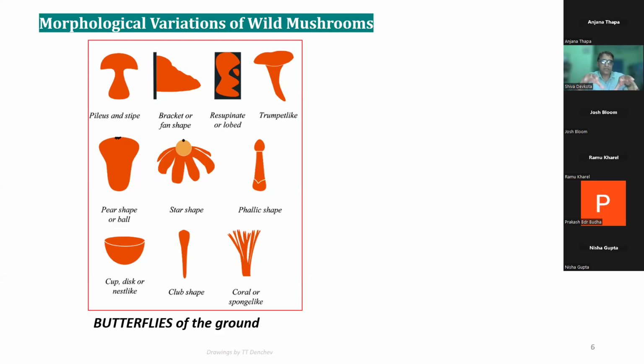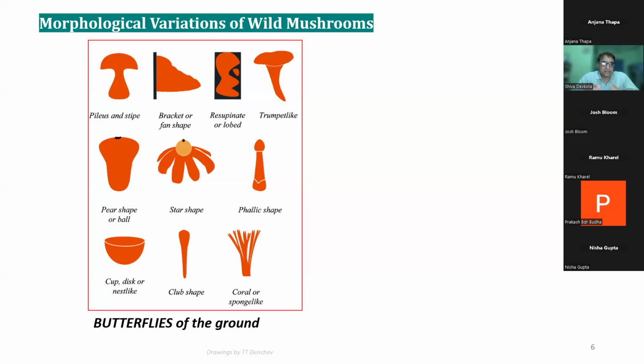Some cases are really far from the district headquarters, far from the hospitals, and we cannot approach them easily, and we don't know which mushrooms they really consumed. So, thinking about the Nepal scenario, I think it would be better to discuss the different morphological variations and the possible poisoning cases related with such mushrooms.